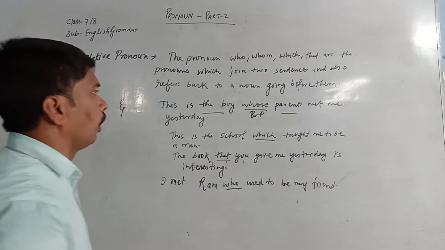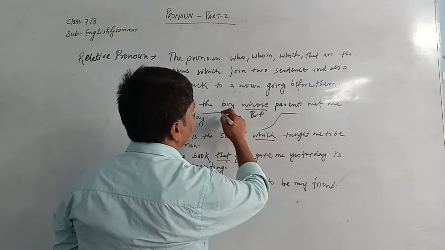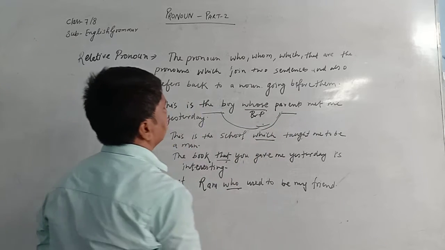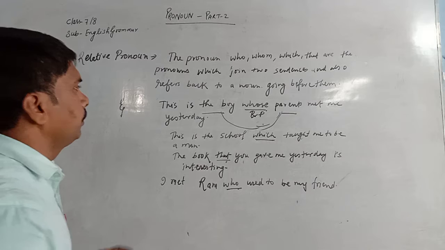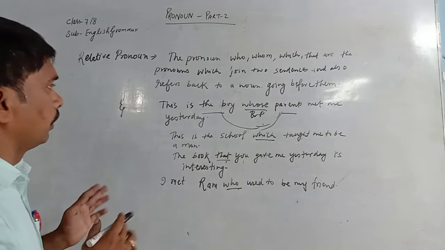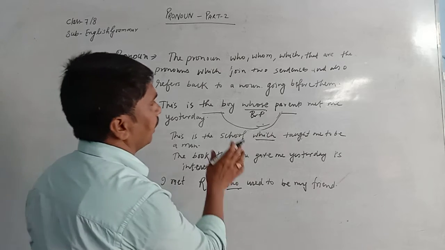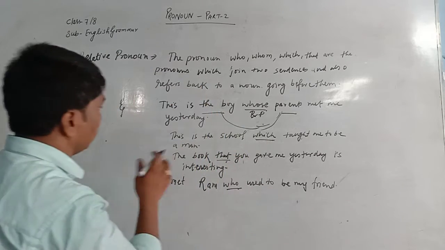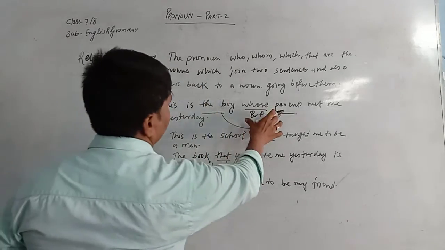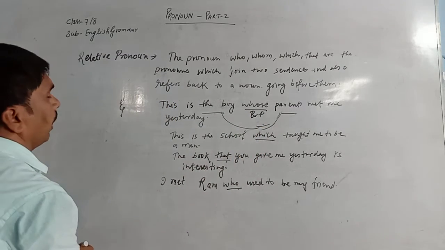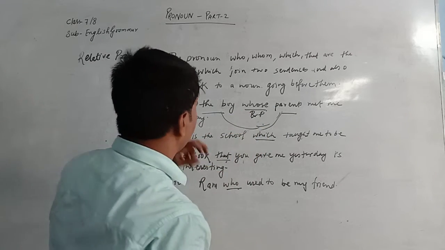Because it is joining two sentences. Because first, this is the boy, then his parents met me yesterday. So these are two sentences, and those two sentences are joined by the word whose.